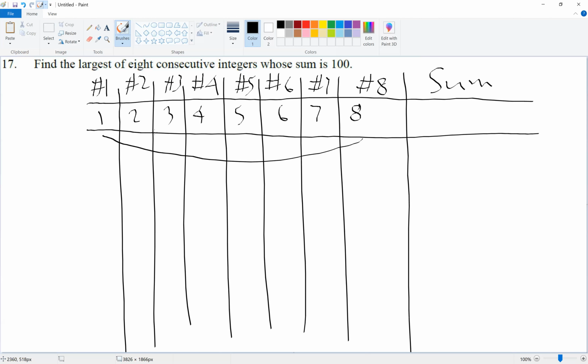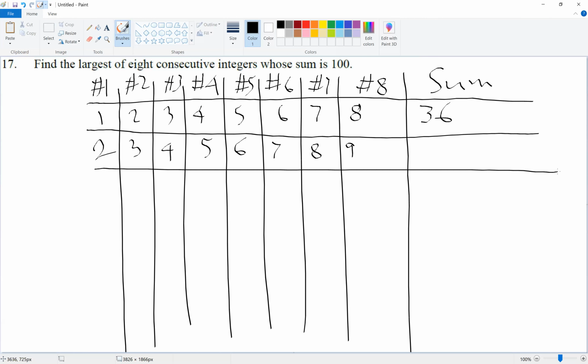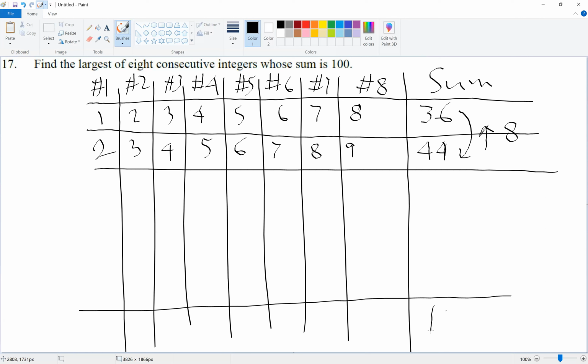So this is 9, this is 9, this is 9, this is 9. So 36. And if I increase, now every number went up by 1, right? Yeah. So this would be 11, 11, 11, 11, which is 44, correct? Yes. How much did it go up by? 8.